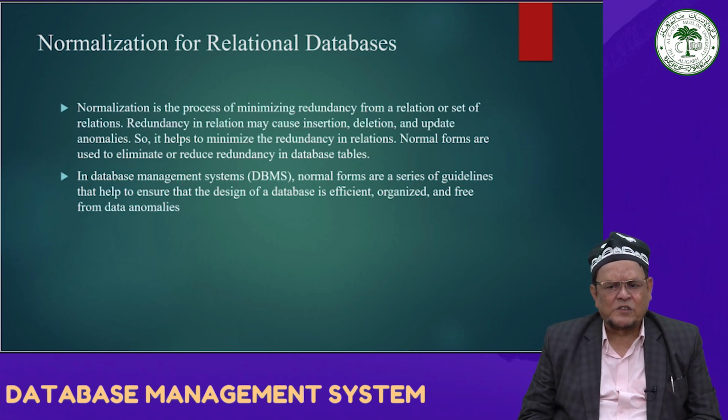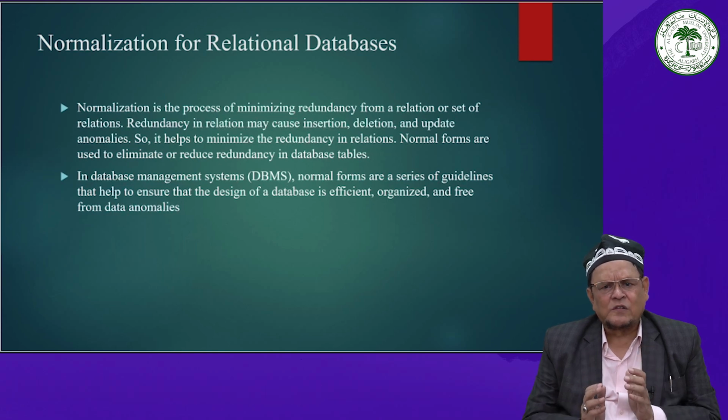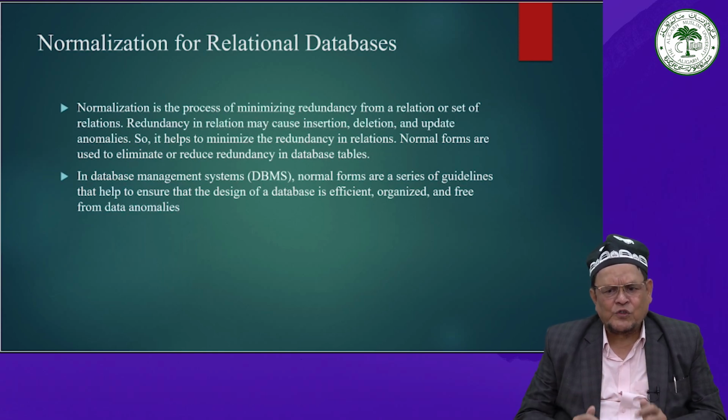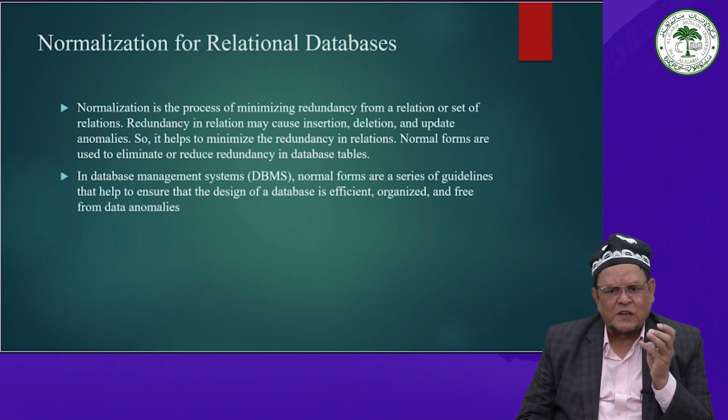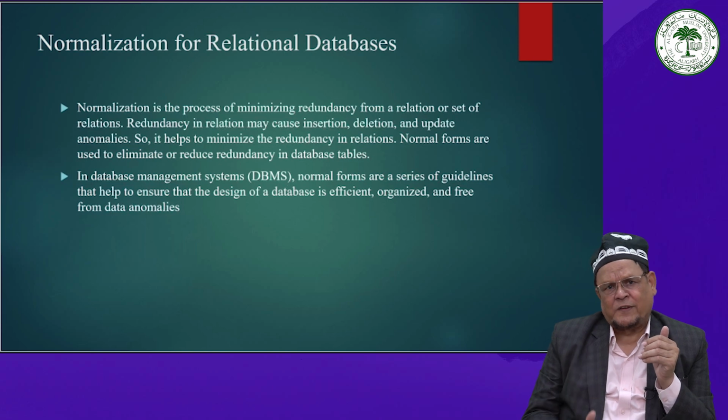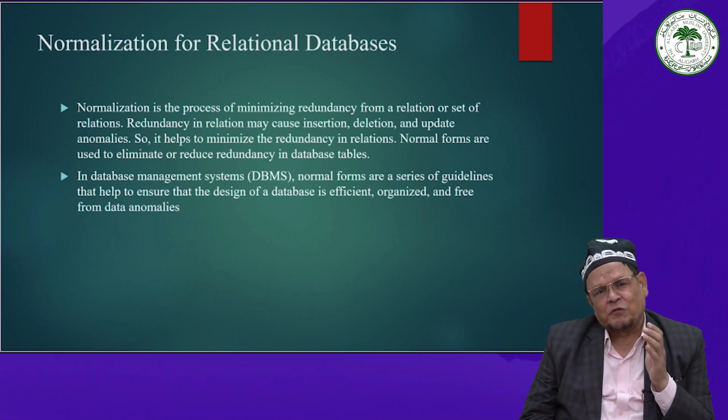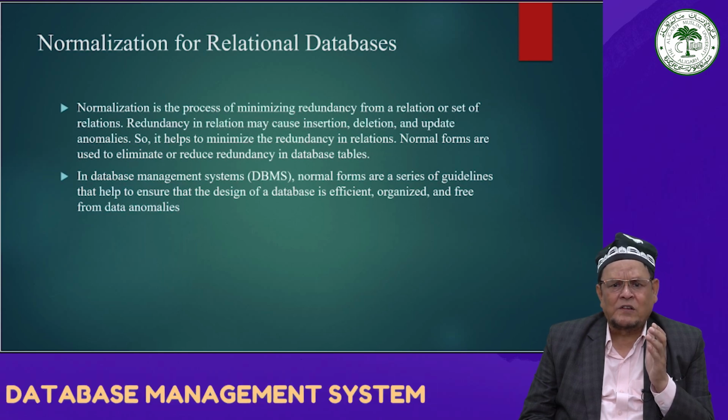In a database management system, normal forms are a series of guidelines to help ensure that the design of a database is efficient, organized, and free from anomalies. The three anomalies are very important to check whether a relation is normalized or not.